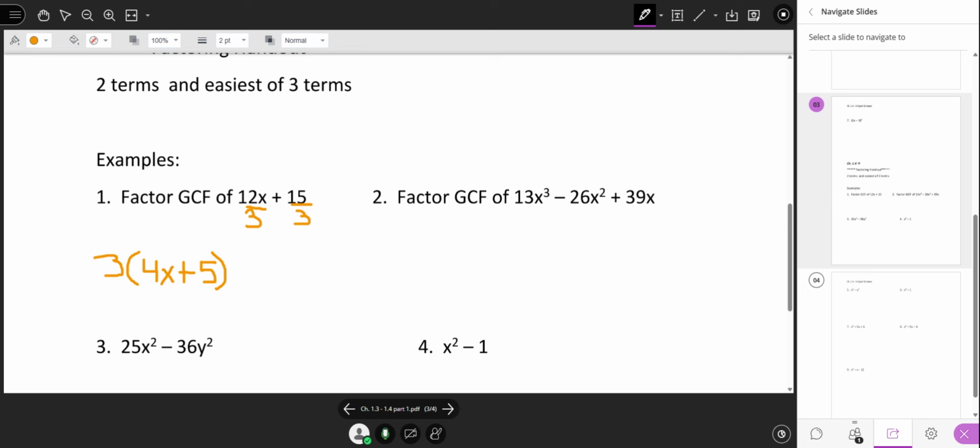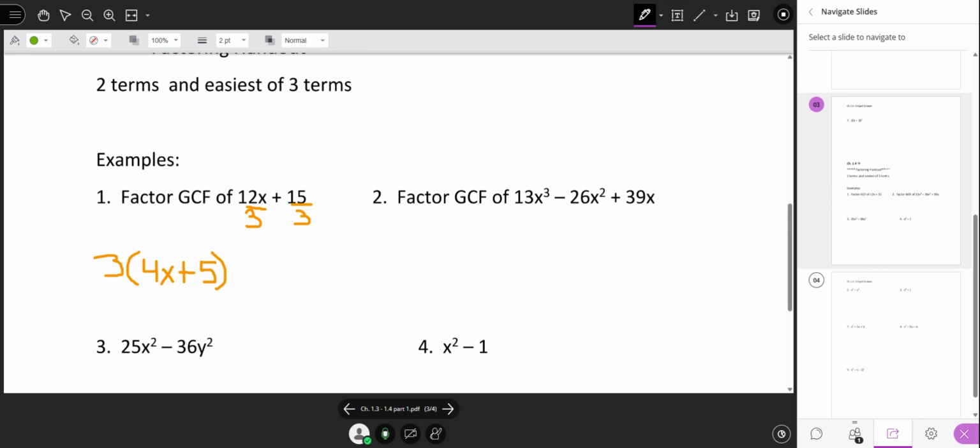But the problem is there's still something there. And if I see something physically there, then I will know that I have to have a 1 left.